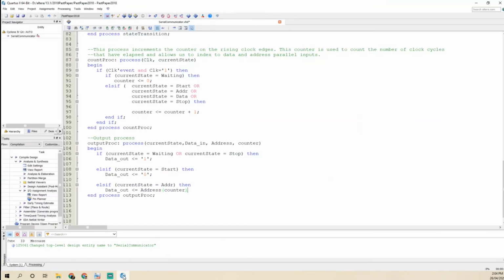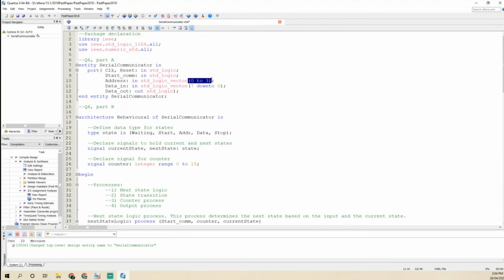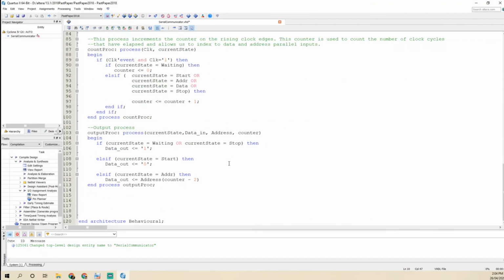Instead, I'm going to address this vector, address 0 to 3, remember, this is of size 0 to 3, using this integer value, counter minus 2.